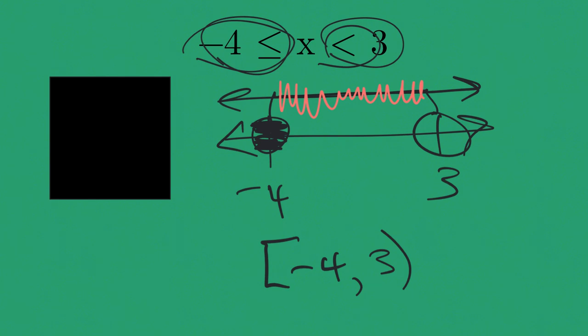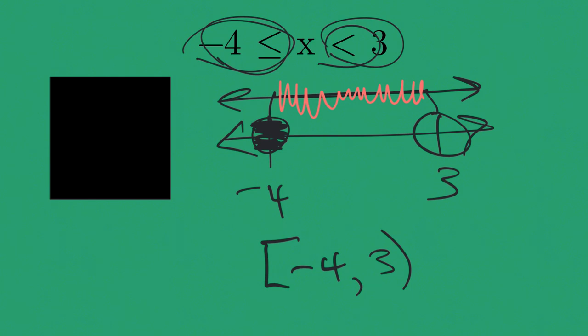The bracket around -4 tells me that's a closed circle around -4, which means I can include -4. Then on the other side, at 3, it was just less than, so I'm going to put a parenthesis there; around 3, that would be an open circle. So everything in between -4 and 3 is a solution.